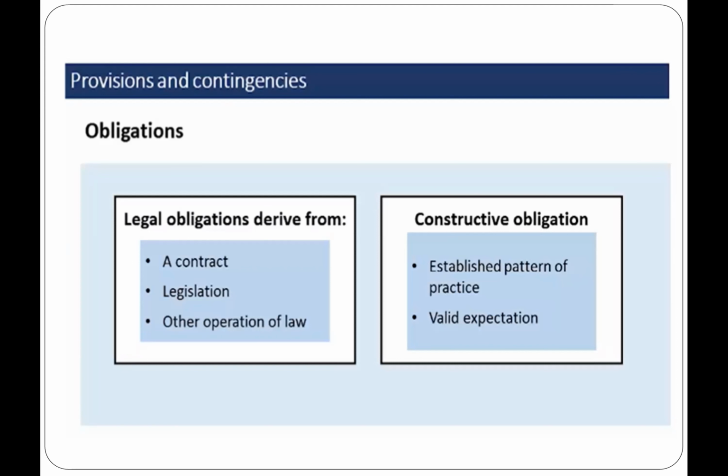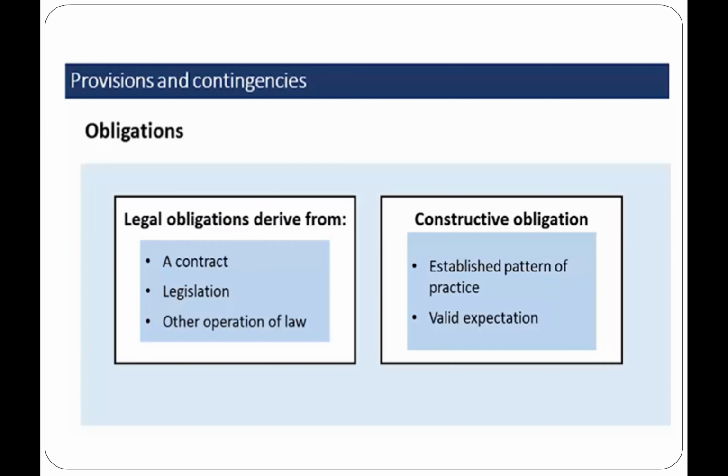Then a valid expectation is perhaps someone who is buying an electrical gadget would expect that if that gadget fails to work, you are supposed to replace or repair it for them. Even though it's not written anywhere or it's not part of law, it's an expectation that is reasonable for electrical goods to be repaired if they are not working when you purchase them.